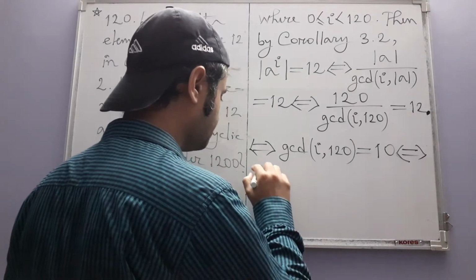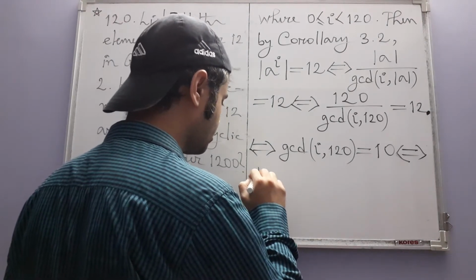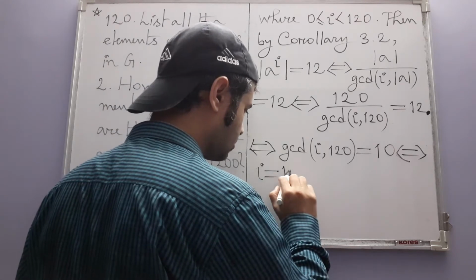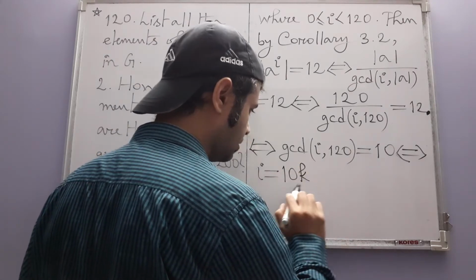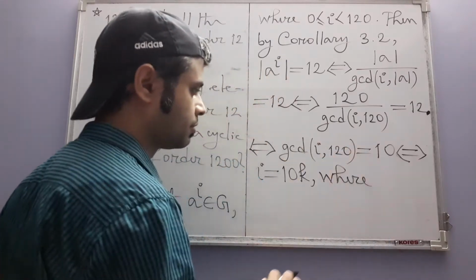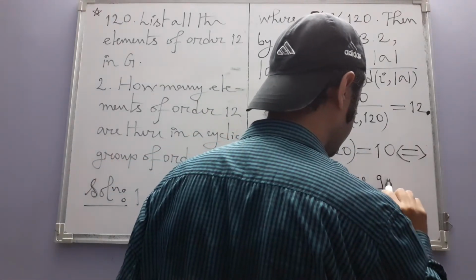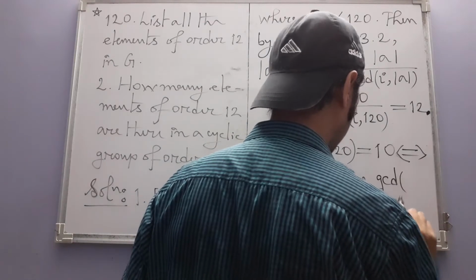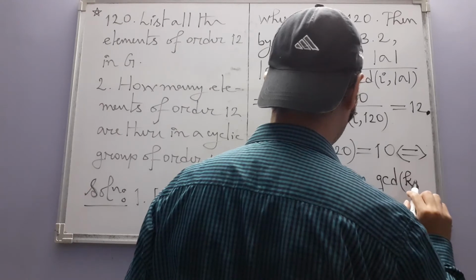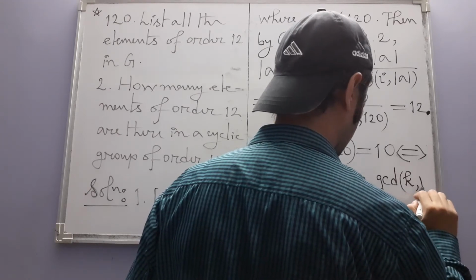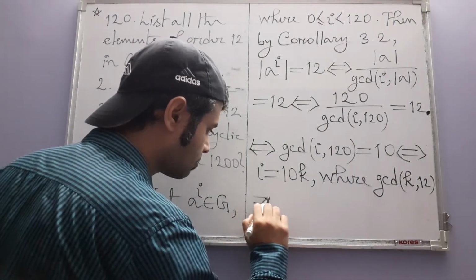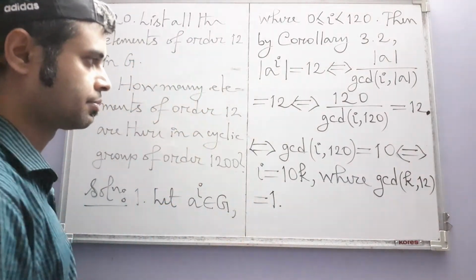So that's why we write like this: i is equal to 10k, where the GCD of k and 12 is equal to 1.